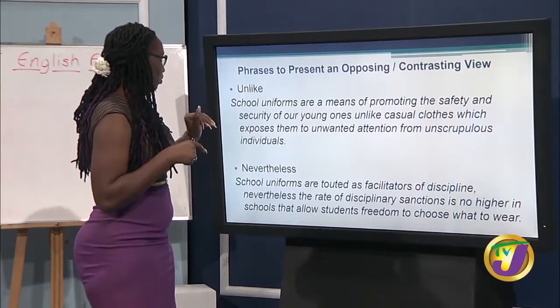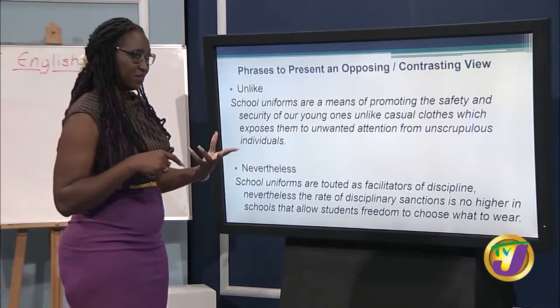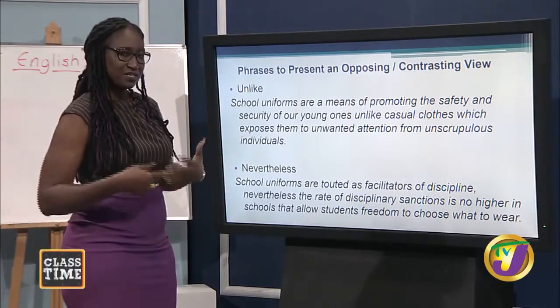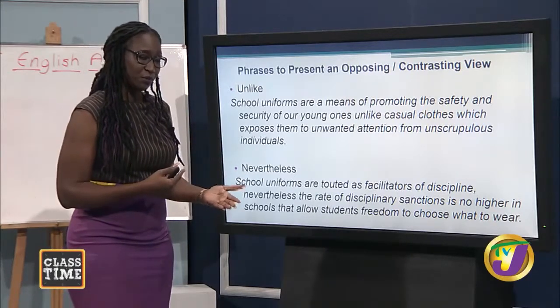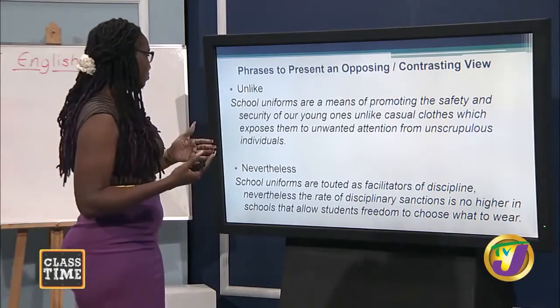So when you point out that school uniforms are a means of safety as opposed to casual clothes, you are emphasizing that it is safer to be wearing a uniform than to be out and about in your regular clothes for various reasons.